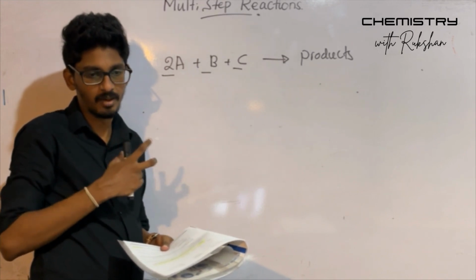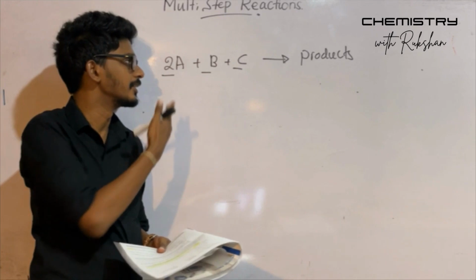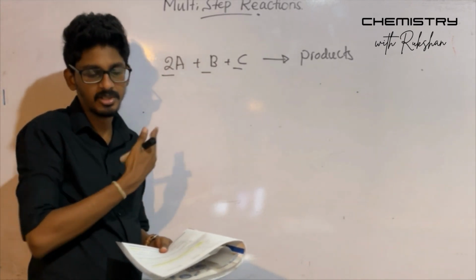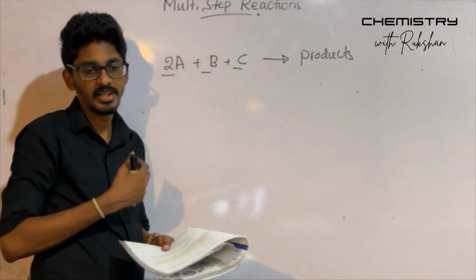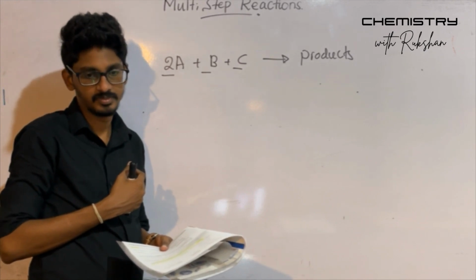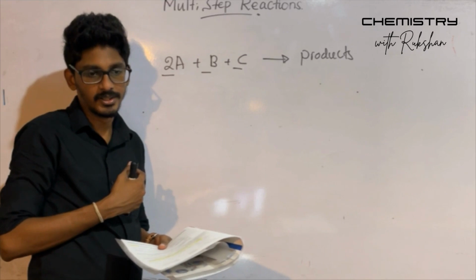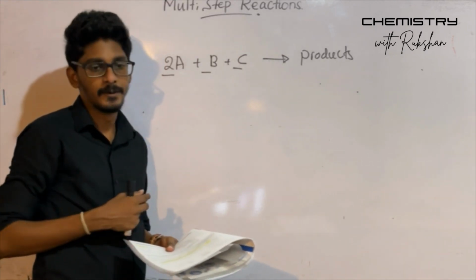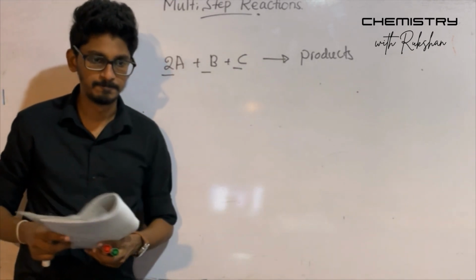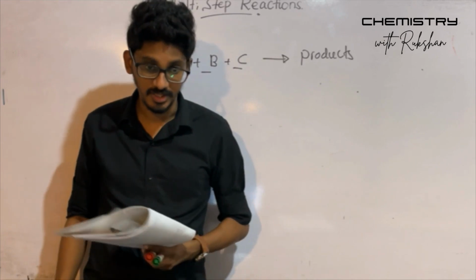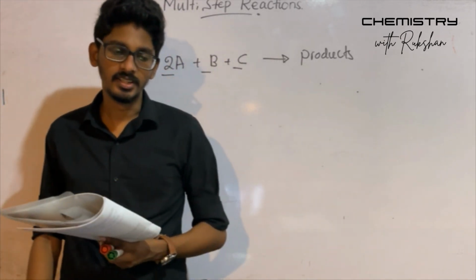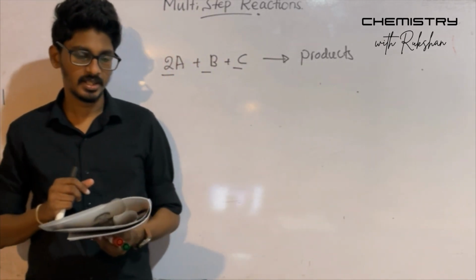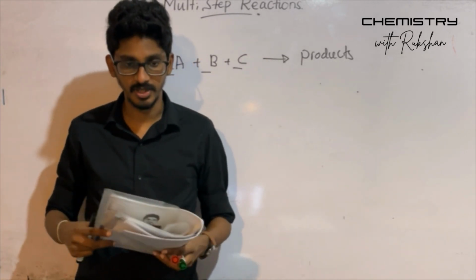So for some reactions, by just looking at the chemical equation, we can say whether it's multi-step. That idea is represented in the first paragraph on multi-step reactions.